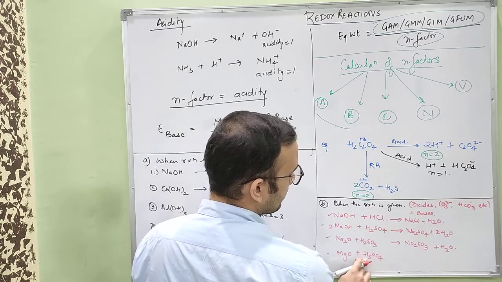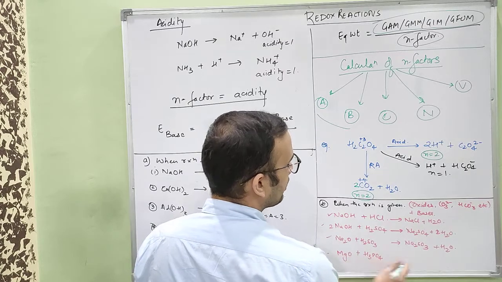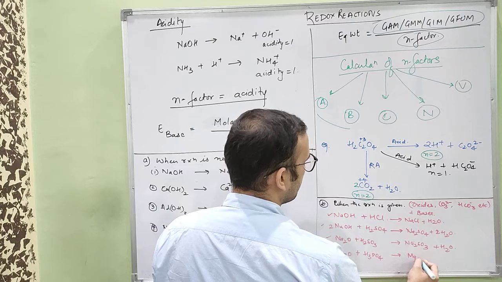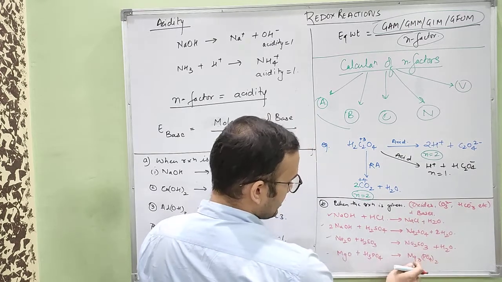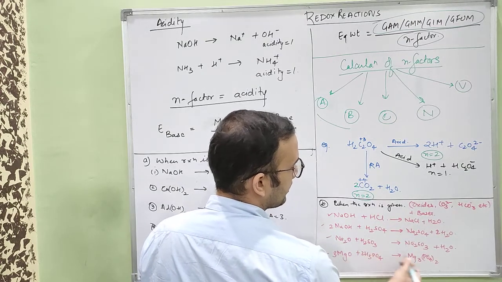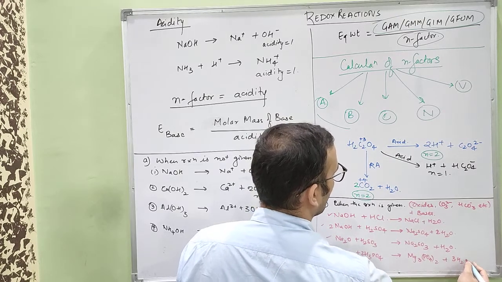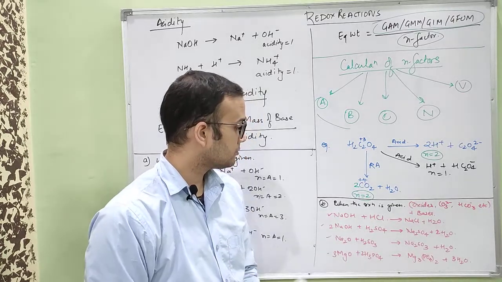Here it is giving 3 H plus ions, and what will we get? We will get Mg3(PO4)2. So if it is 3, we'll have to write 3 over here, and we'll have to write 2 over here, plus how many? 6, 3H2O.